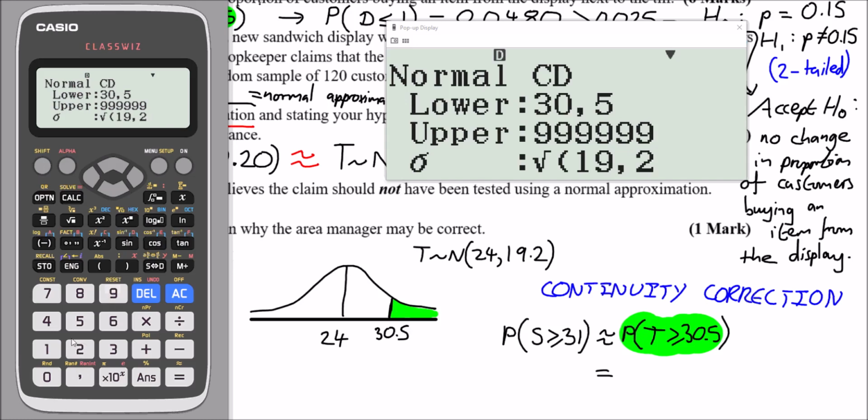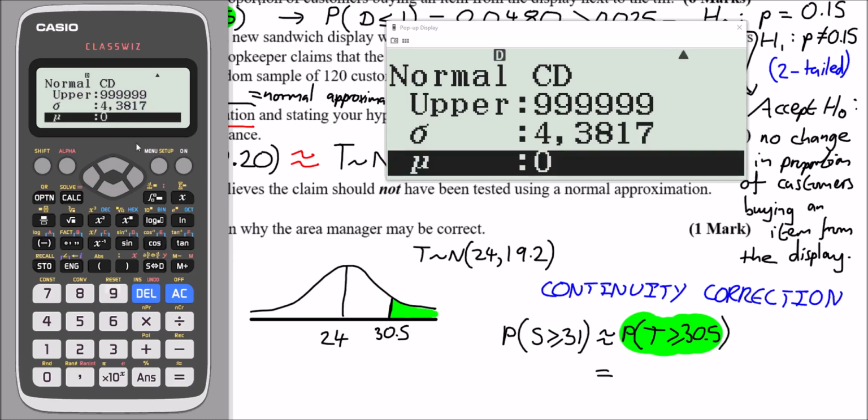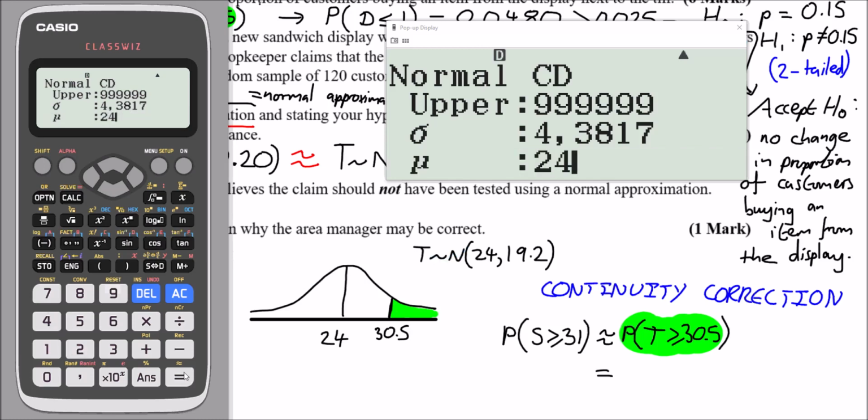However, that should give us an approximation. Yep, there we go. And next we do the mean. The mean for this one is 24. So press 24 for the mean, press equals, and then press equals again.